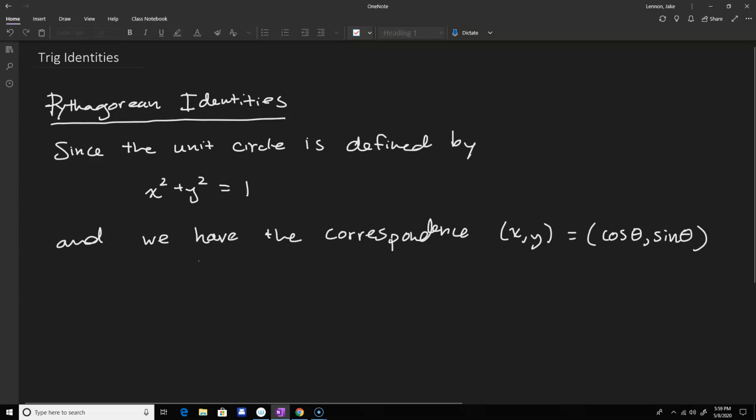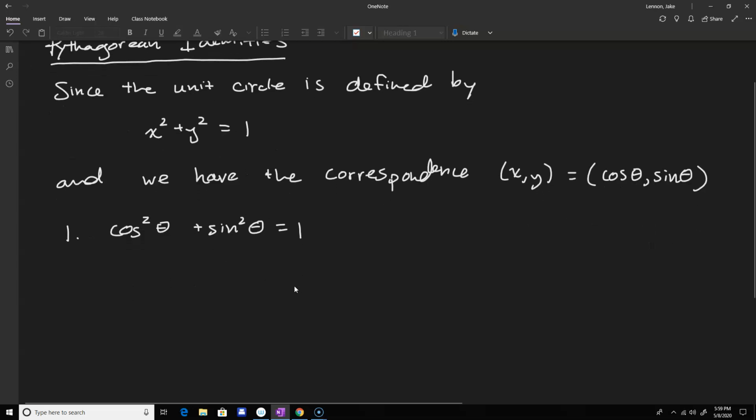Basically, in the equation for the circle x squared plus y squared, you can replace x and y with cosine of theta and sine of theta. So the first of these Pythagorean identities is cosine squared theta plus sine squared theta is equal to 1. So just one little note on the notation.